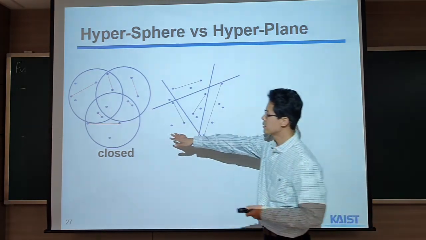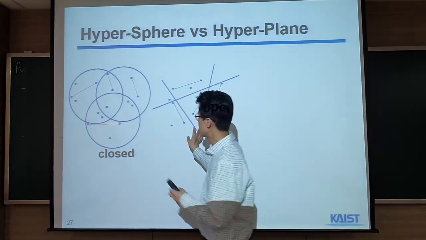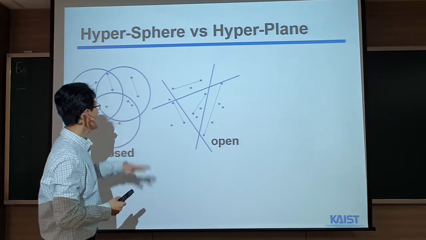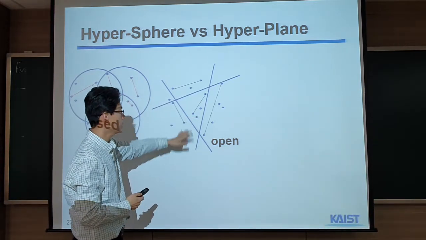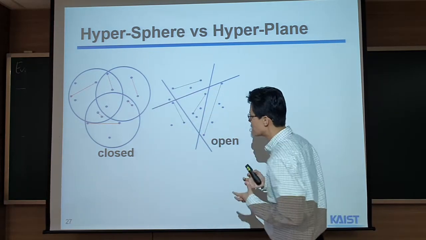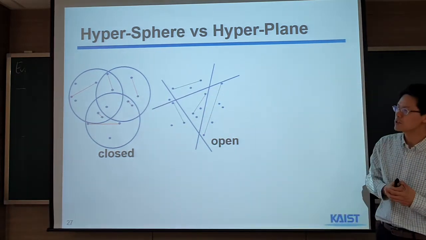Here I'm showing a different example of using 3 hyperspheres or 3 hyperplanes, right? By now it's unclear which one is actually better.